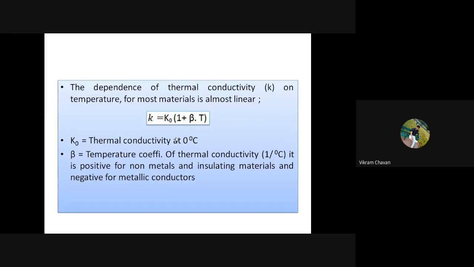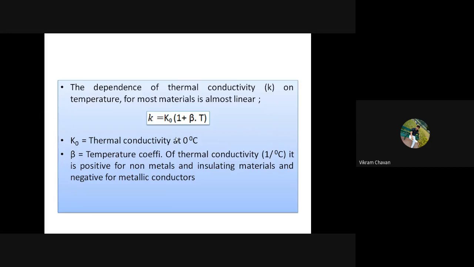Next, now we have summarized this thermal conductivity variation with temperature with one equation. That equation shows the dependency of thermal conductivity.